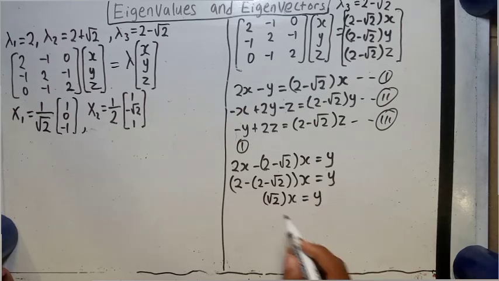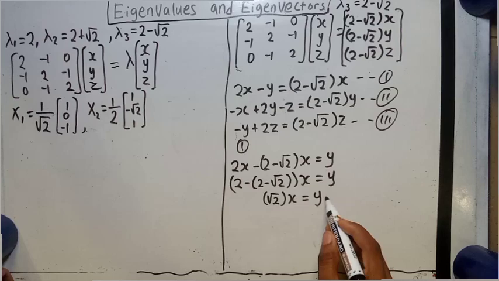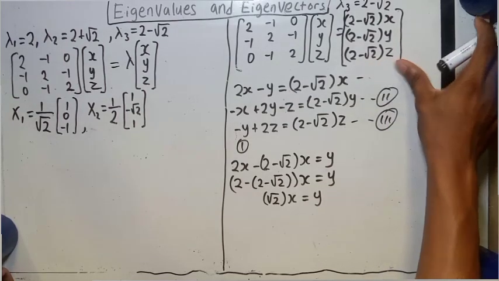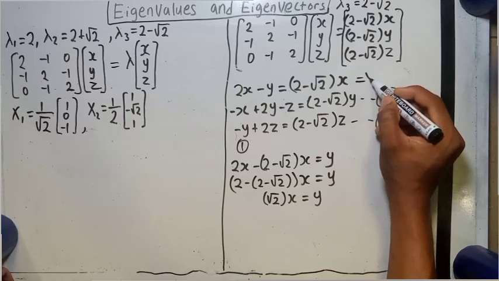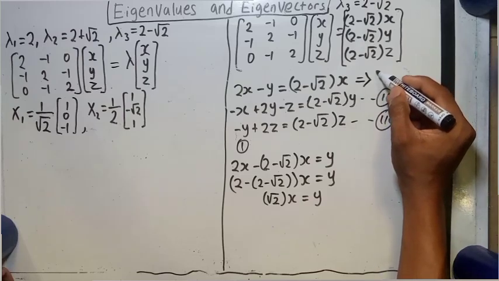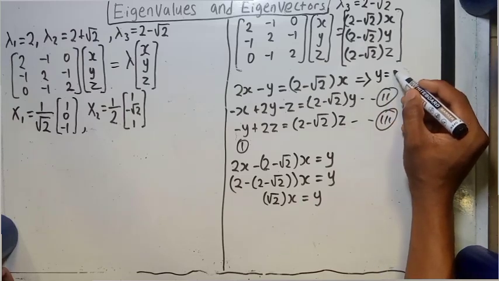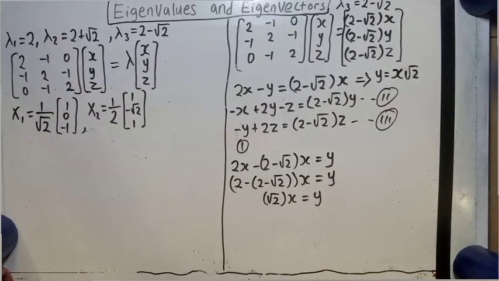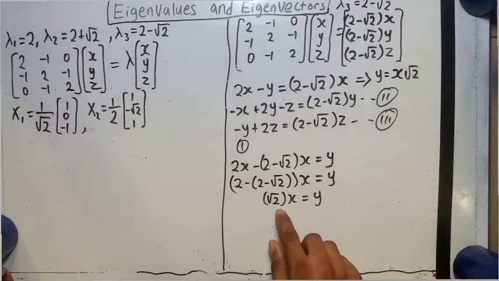y. So whenever you see y, you replace it with root 2. So you can come over here and say that this gives us that y is equal to x root 2. These two things are the same.